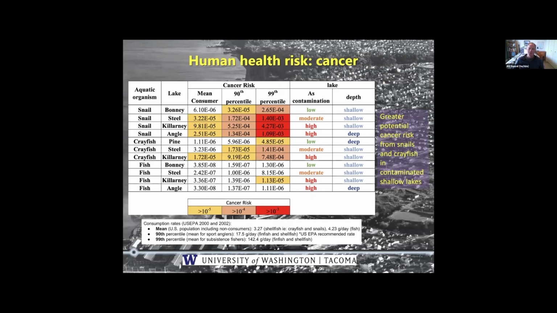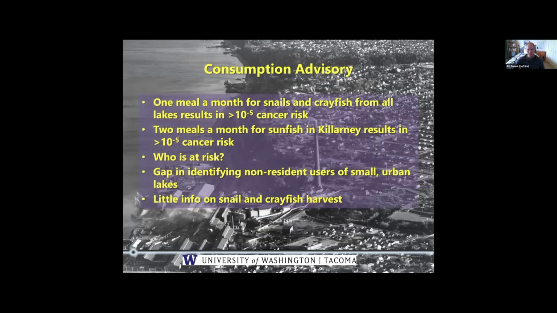Working with the Washington Department of Health, we found increased cancer risks over background for humans consuming these aquatic species. The health risk was highest for snails and lowest for fish, with highest risk in shallow lakes. Populations who rely more on these sources of food are at particularly high risk, including Native American populations.